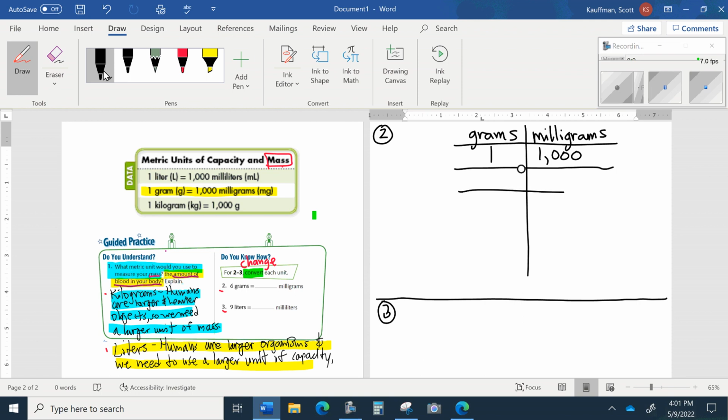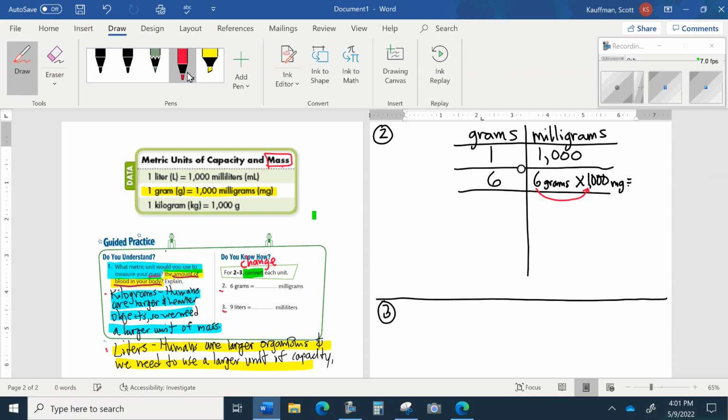So if that's the case, then I'm going to say 6 grams times 1,000 milligrams equals what? Well, now we're going to use our trusty old shortcut method for multiplication.